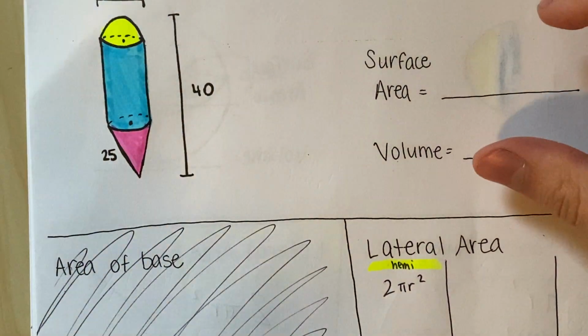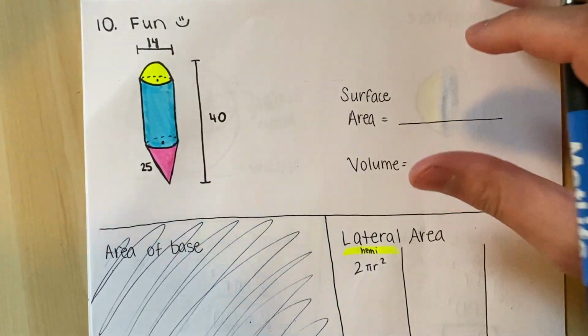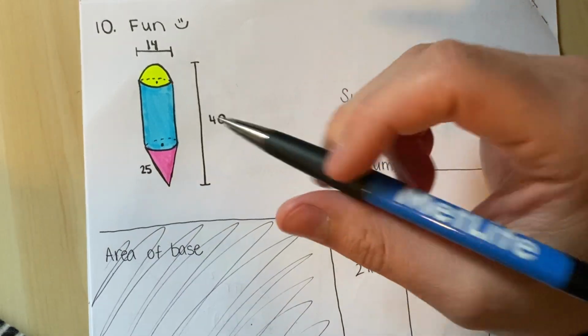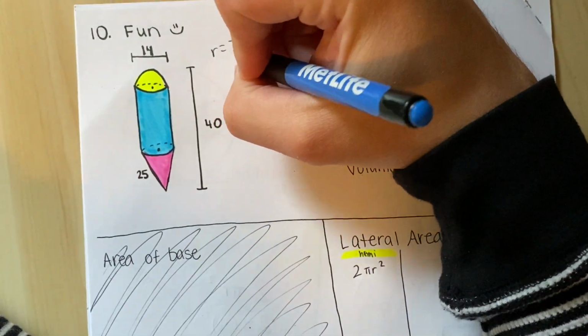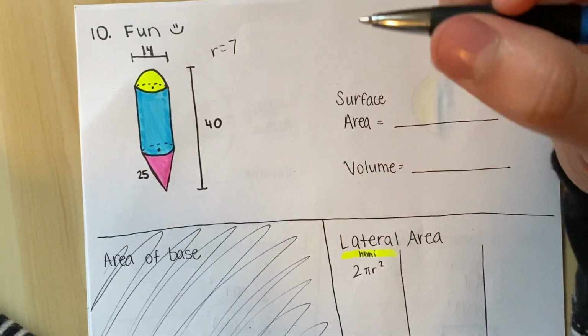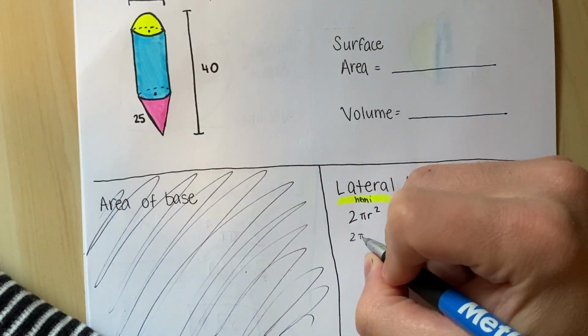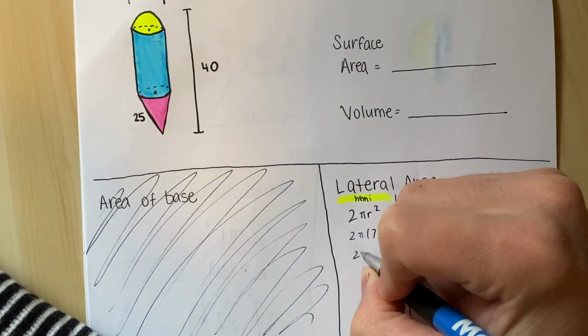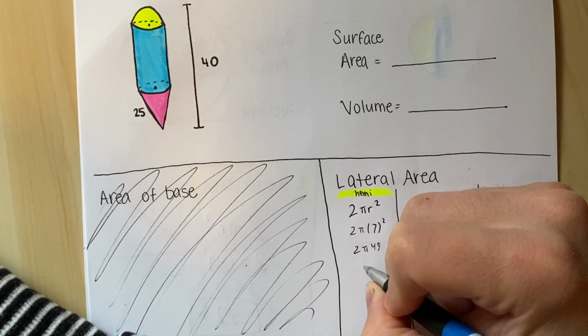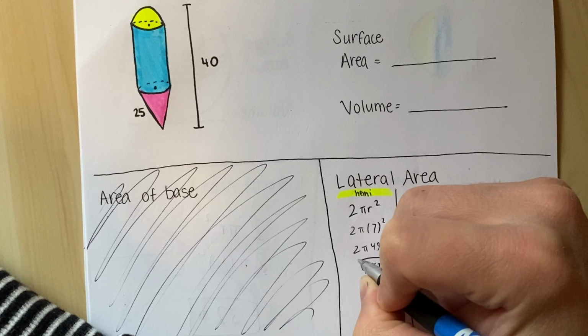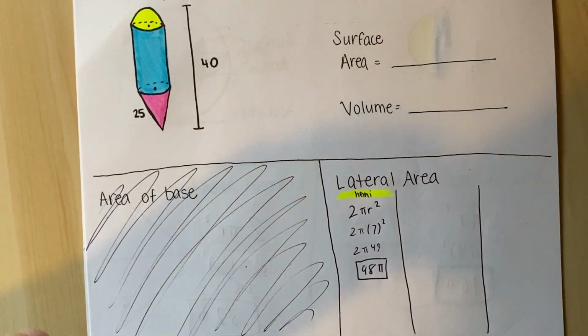If you know that formula, you found the lateral area of the hemisphere. Well, the r is 7, since this is 14. So this is 2 pi of 7 squared, which is 2 pi times 49, which is 98 pi. That's the hemisphere.